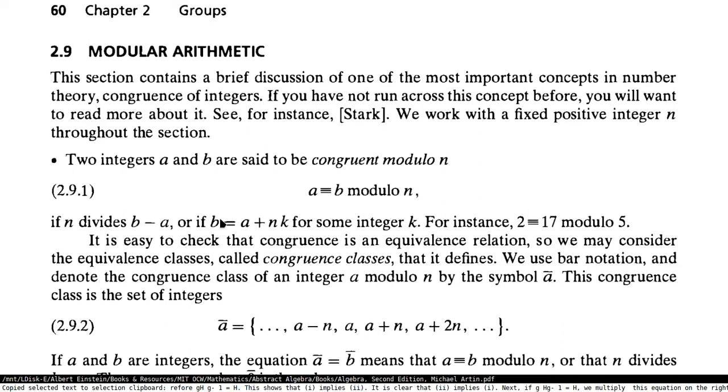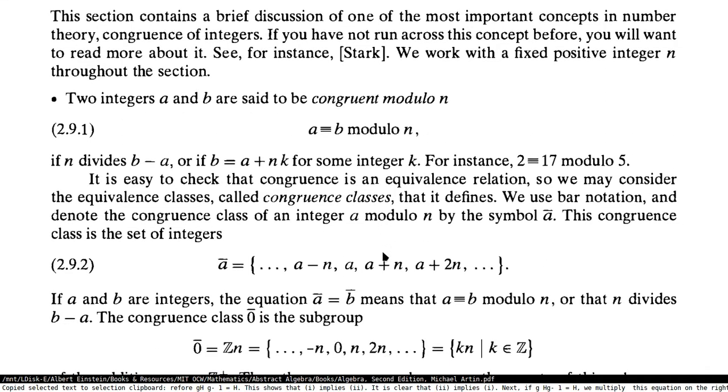The notation is a congruent to b mod n, and you have to check if b minus a is divisible by n. This is actually an equivalence relation. That's easy to see because you have reflexivity and transitivity; the other property you may have a hard time proving, but it's an equivalence relation.